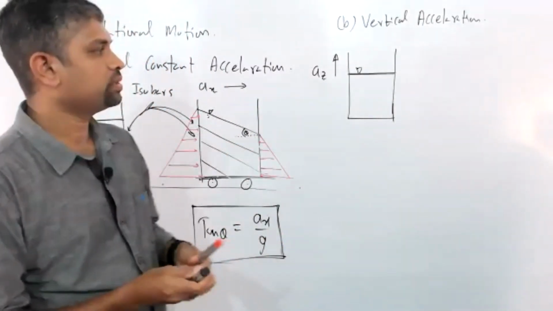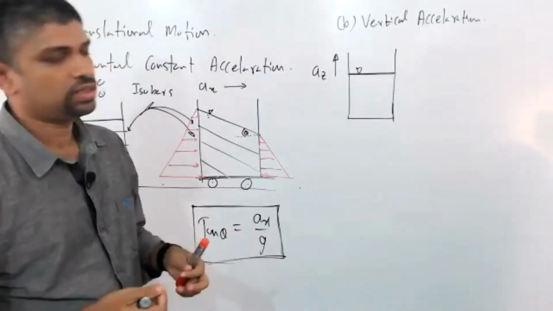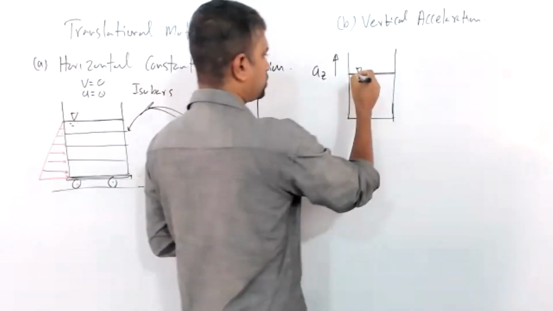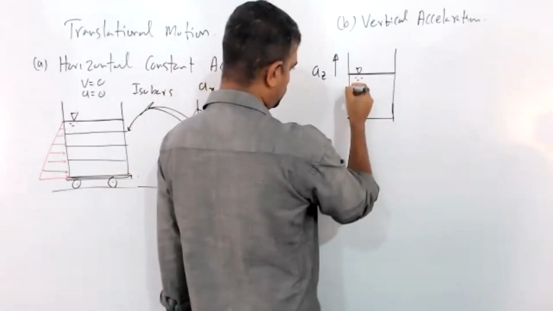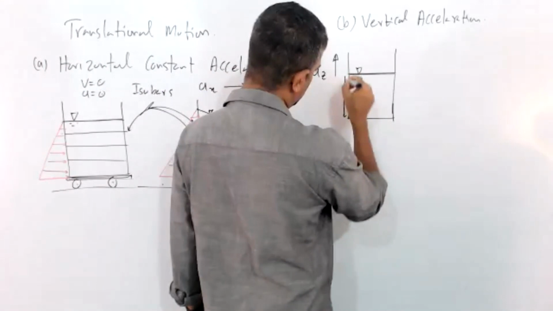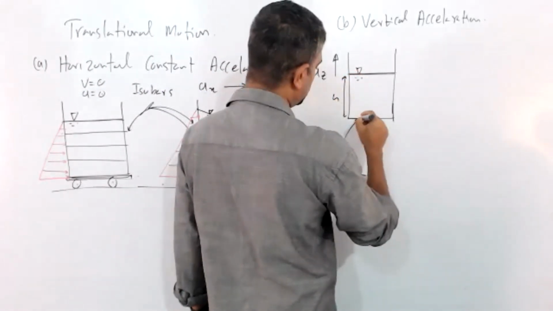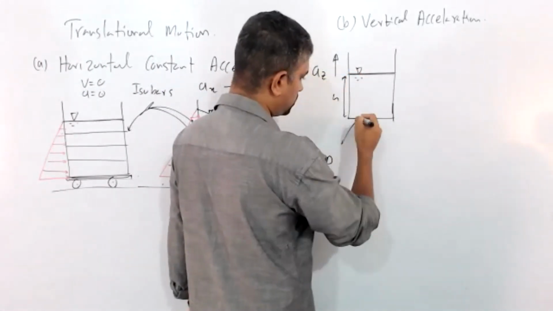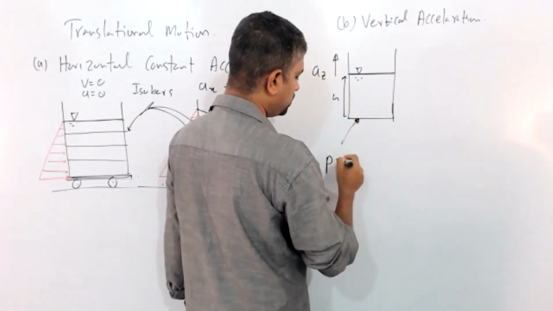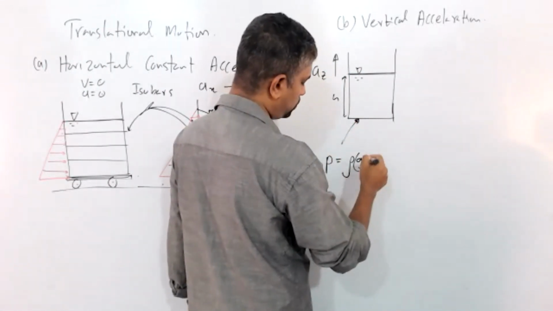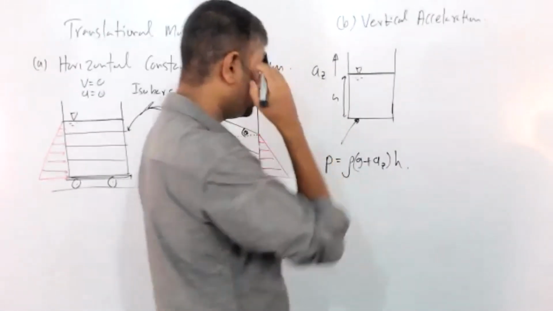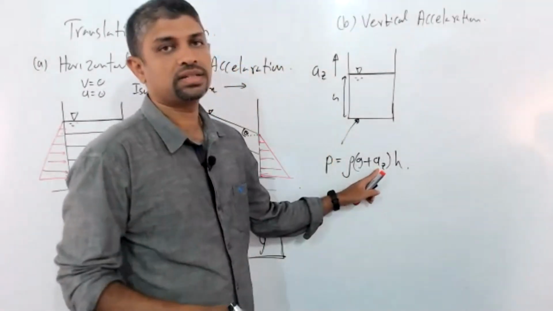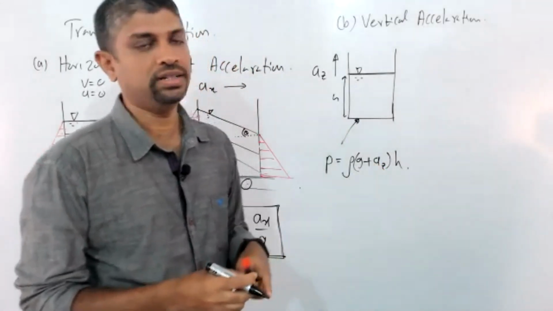So in this case, the free surface is horizontal, but the pressure, let's say this height is h, then the pressure at this point is given by rho times g plus az times h. The vertical acceleration component az is also added.